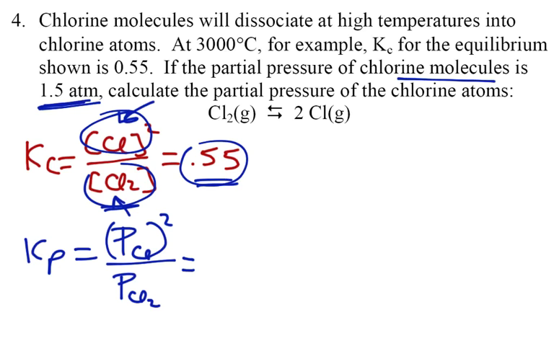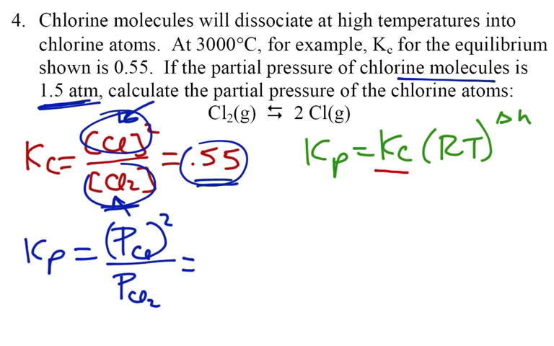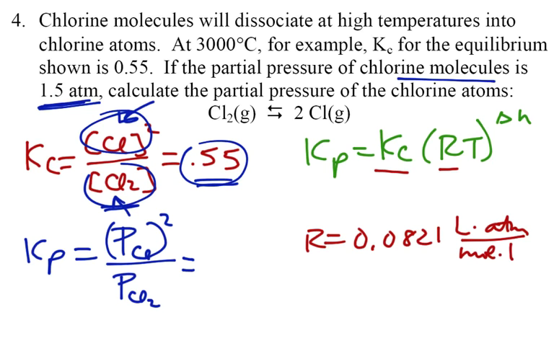And to solve the Kp expression, what I'm going to do is have to go through and do Kp equals Kc RT to the delta n. Okay, so you can see that I have the Kc value, I know that. R, that's a constant, and you should just have that tucked away, the 0.0821 liter atmospheres per mole Kelvin. And since we're doing Kp's, we can do atmospheres.